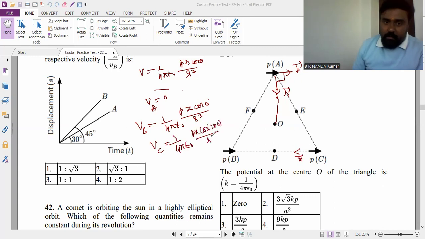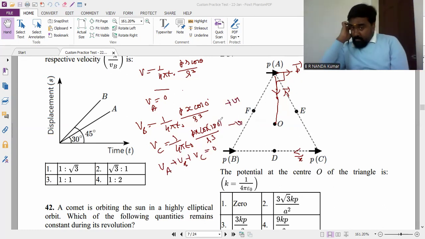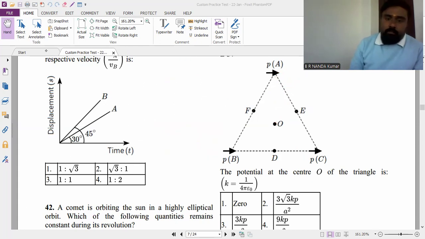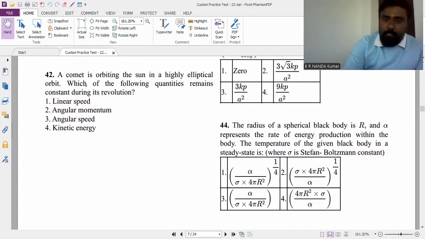Cos 180 is minus 1. So VB is positive, VC is negative. VA plus VB plus VC is equal to 0. Adding one positive and one negative gives 0, because they have the same value. At point C, the P vector and x vector are anti-parallel. Here the P vector and x vector are parallel. And the P vector and R vector are perpendicular. These are the main points. The right answer is the first option, 0.